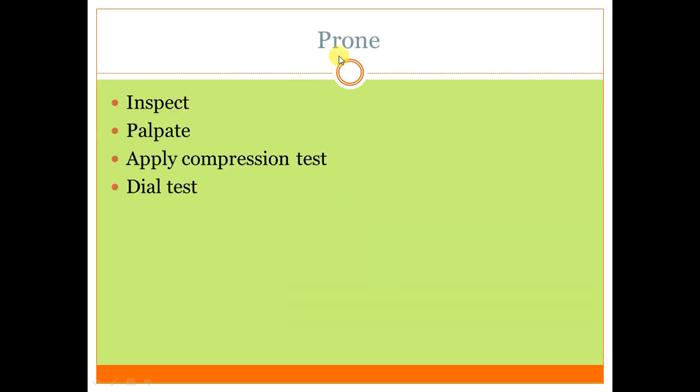Then prone position. All of this was in supine position, either in extended position, then in flexion. Then prone, you inspect the popliteal fossa, then palpate the joint line posteriorly. Then two tests: the Apley compression distraction test, and the dial test.